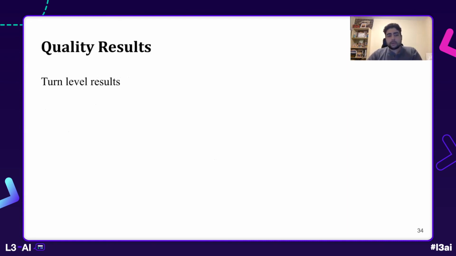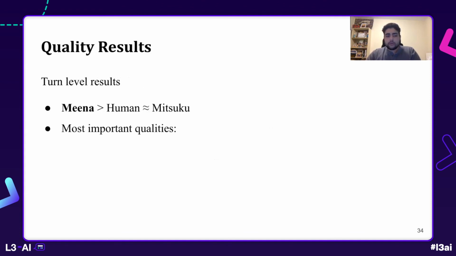So to briefly summarize the quality, I'm not going to go into too much detail, and you can find more detail in our paper. For turn level, we see that Mina outperforms human and Mitsuku, and then human and Mitsuku are roughly around the same performance. What we can do is we can train a regression over the turn level qualities and aim to predict the overall impression score. And in doing so, we can look at the weights assigned to every single one of the fine-grained qualities to assess what the most important qualities for predicting the overall impression are.